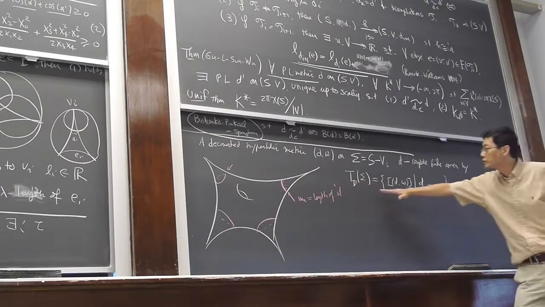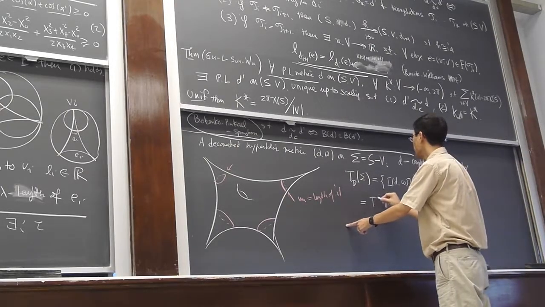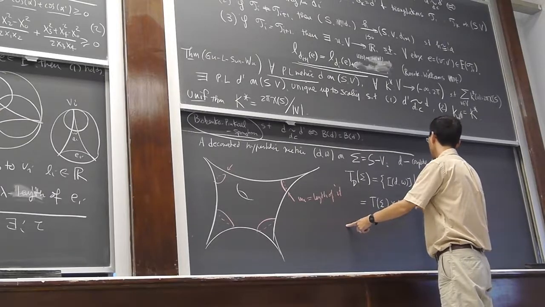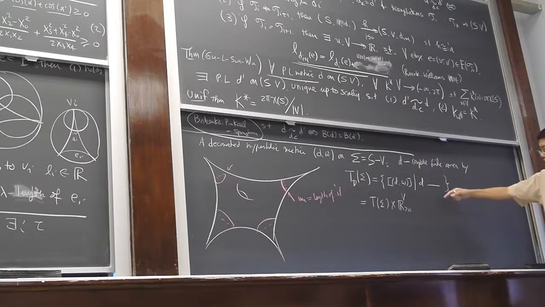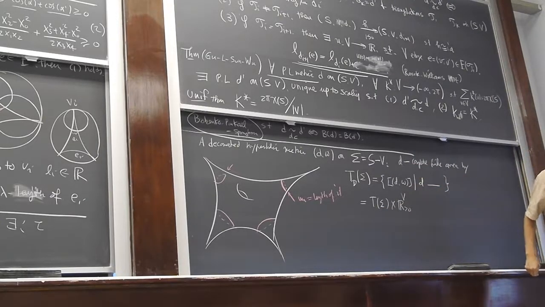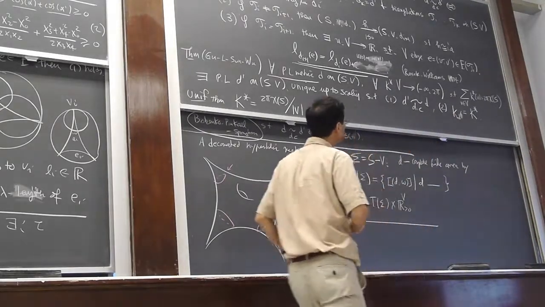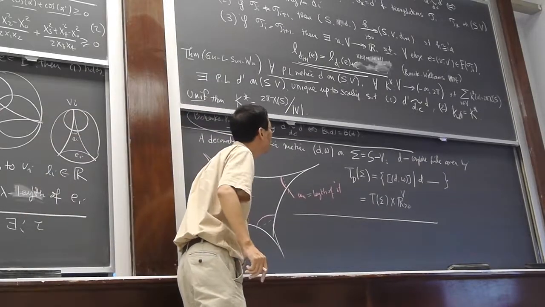And so this decorated Teichmüller space is nothing but the standard Teichmüller space times R to the n. Just forget about the decoration, you have the underlying hyperbolic metrics. So that's Teichmüller space. Now, maybe I'm going to speed up a little bit.